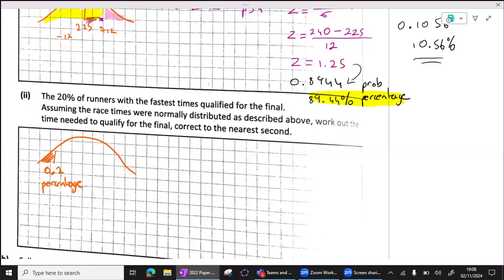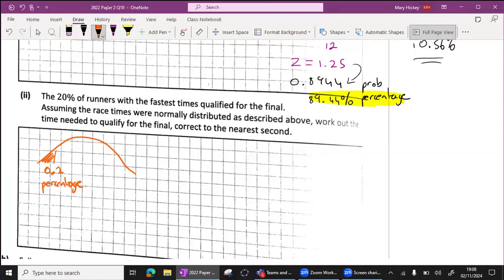The reason is that when we do z-scores, we're always going left. So this 0.2 is down the lower end. It's basically a negative z-score. It might be -1 away, -2 away, -3 away, it could be anything, -3.24. We have no idea, but it's down the negative end. So it's not in the table.